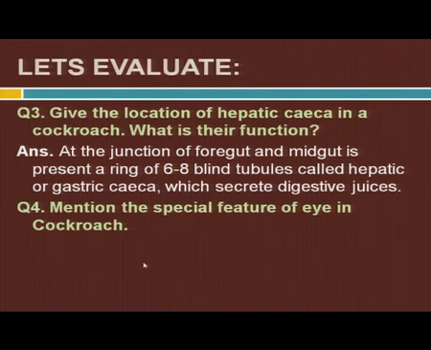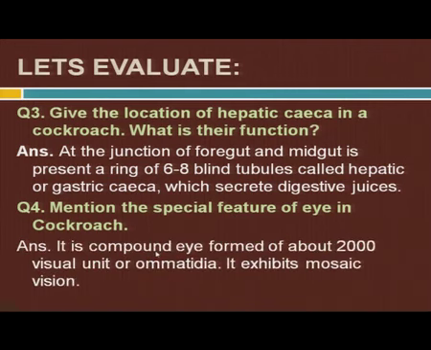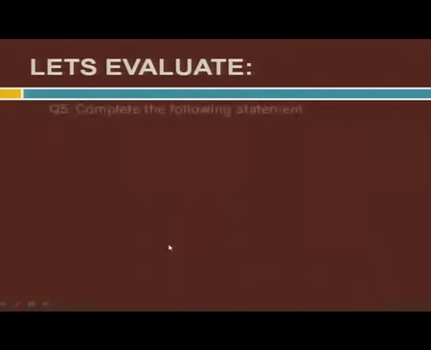Mention the special feature of eye in cockroach. The special feature is that it is a compound eye which is formed of about 2000 visual units known as ommatidia, and each unit forms an individual image of the object, and this type of image formation is known as mosaic vision. So, cockroaches show mosaic vision.